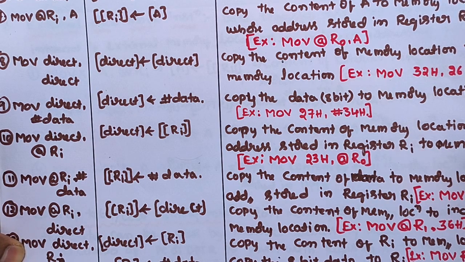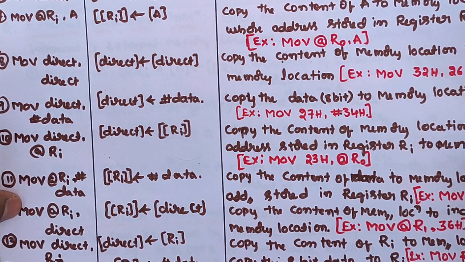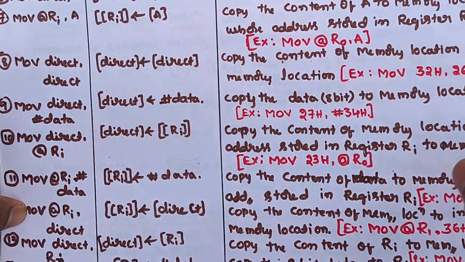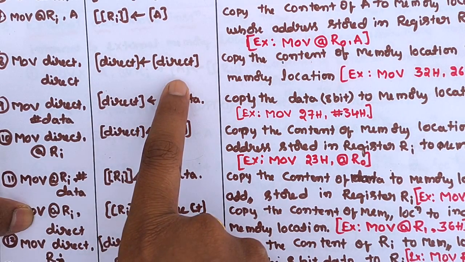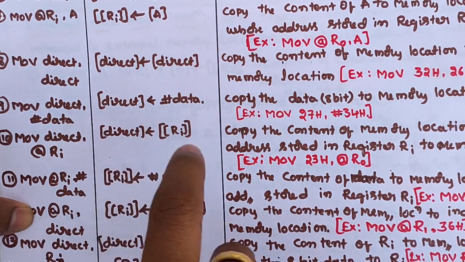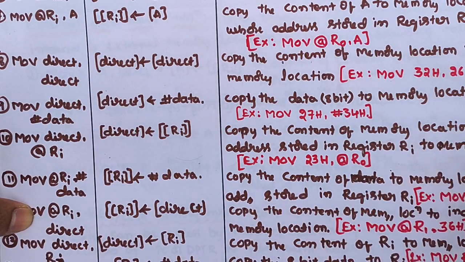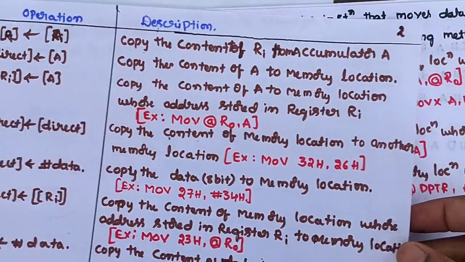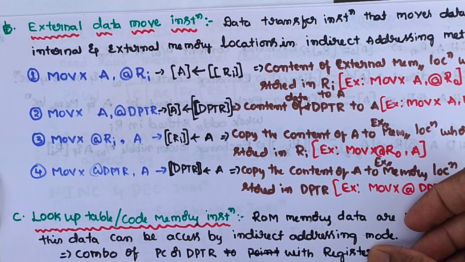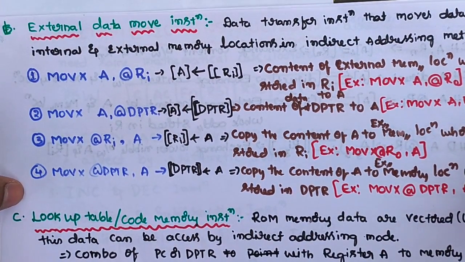We need to transfer that register content to the accumulator and then transfer that accumulator content to another register. Therefore memory to memory transfer is possible, but register to register transfer or copying content is impossible in the 8051 microcontroller. So this is about internal data transfer instructions.